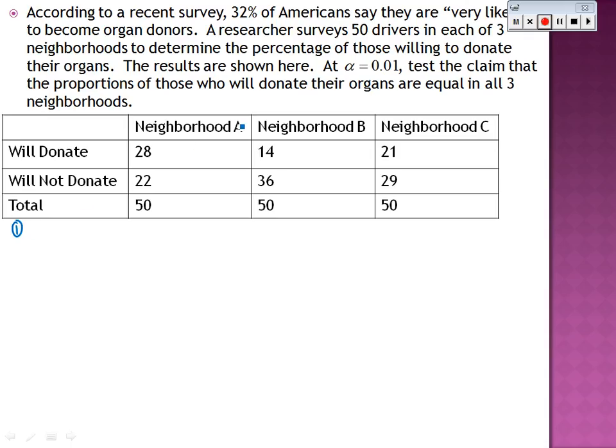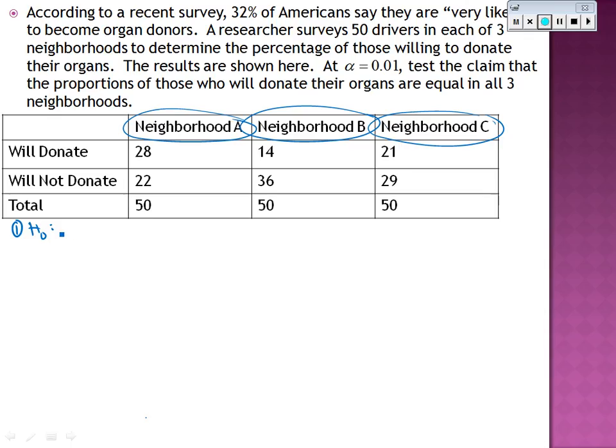There's 3 different, and here's where you have to pay attention, there's 3 different populations here. Your null hypothesis is going to depend on how many different populations you have. Do you have 2? Do you have 3? Do you have 4? Do you have 5? Because when you state your null hypothesis, you're going to state the proportions are equal, but you don't have to write it out in words.